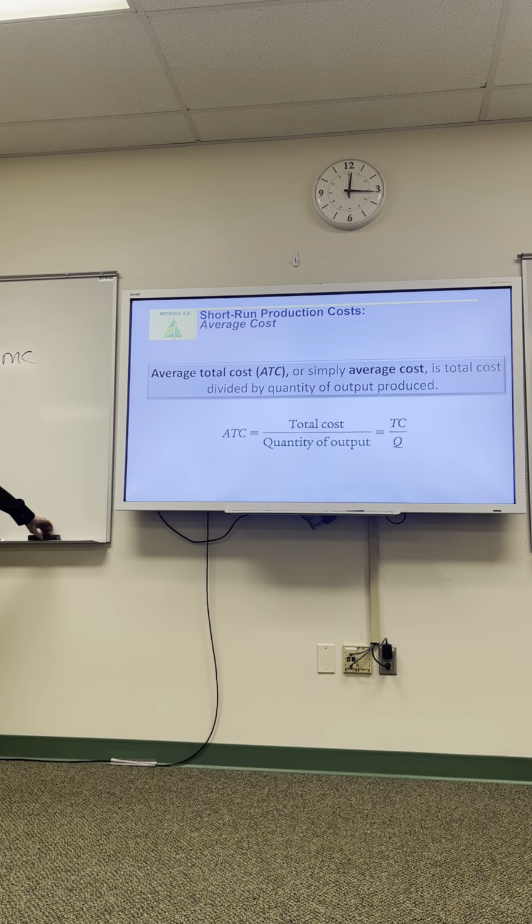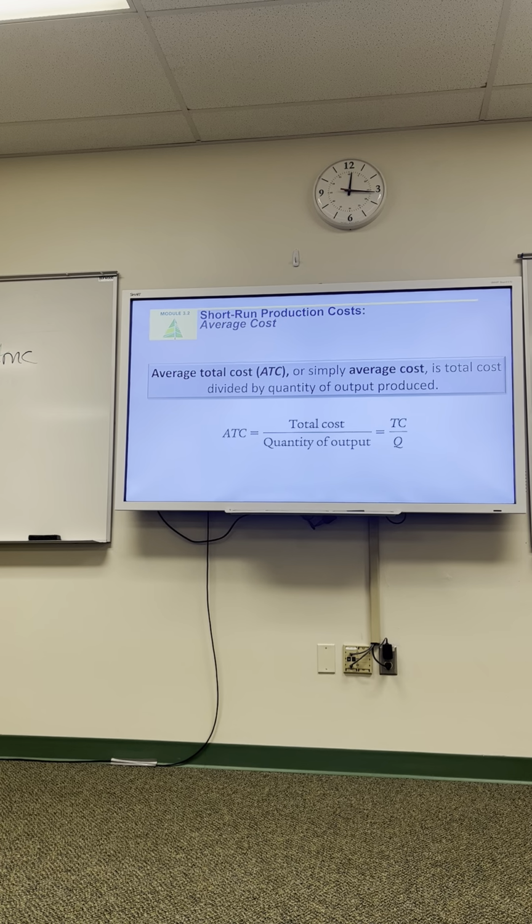Another cost. So far we've got marginal costs. That's number one for our cost curves for a firm, that you guys are going to need to know how to draw, know what it means, all that kind of stuff.